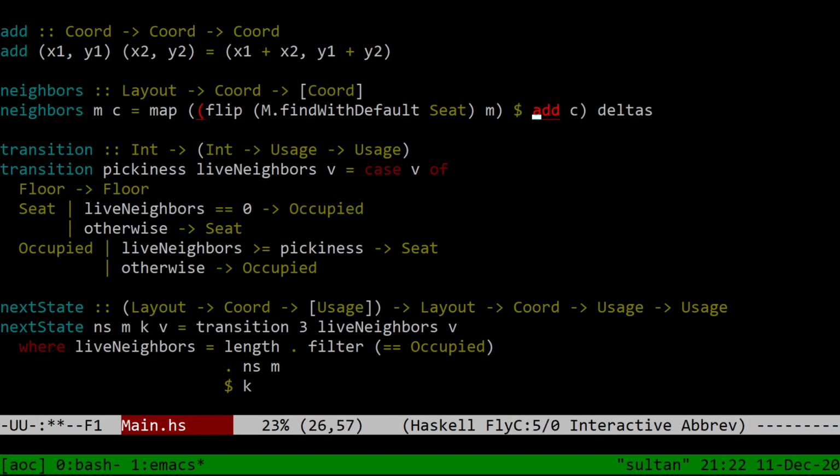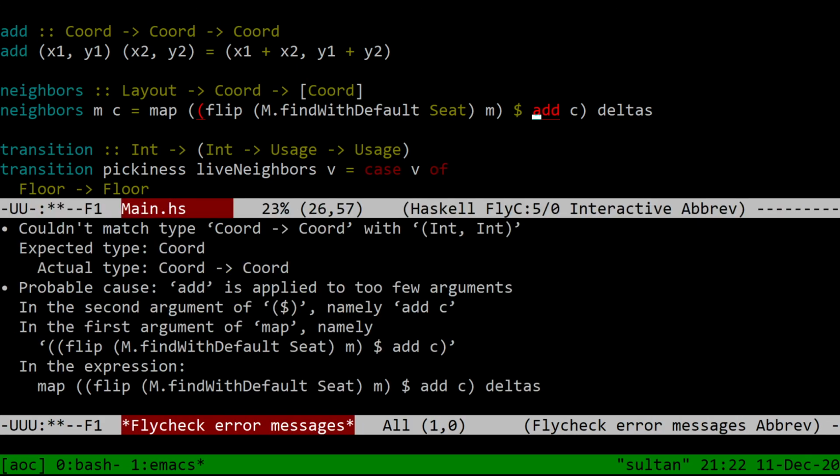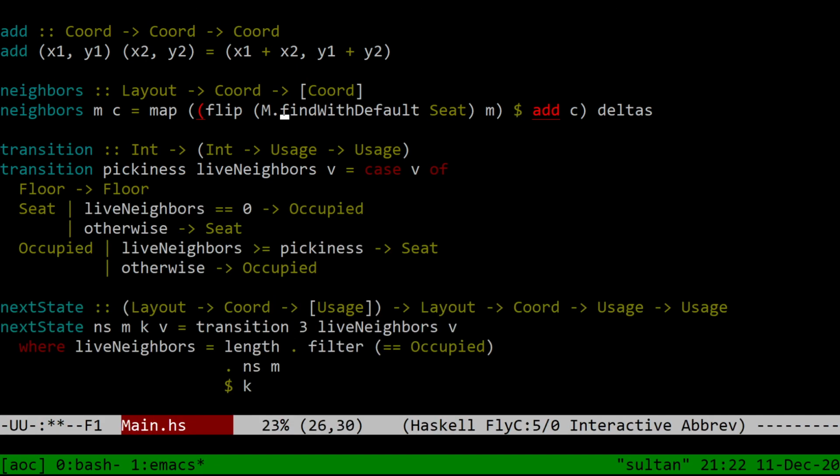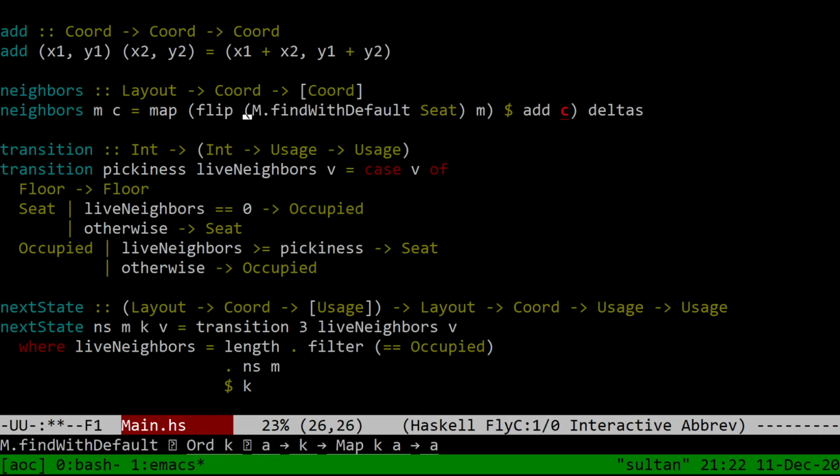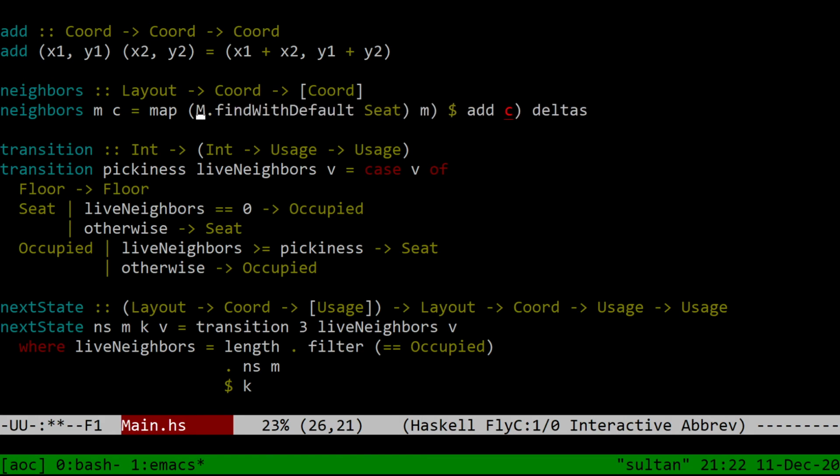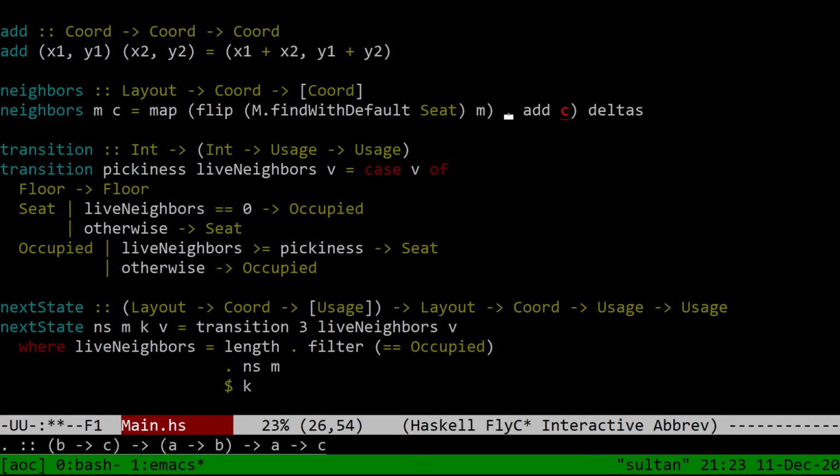Is that the problem? Well, now that I'm not composing anything, I can just write this the normal way, right? M find with default takes the seat function, and then it takes a key. Oh, what? No, because I am composing things still. Ugh. This should be composition, shouldn't it?